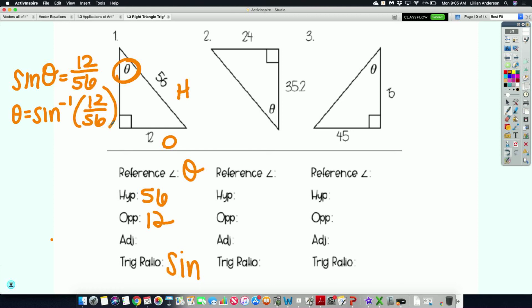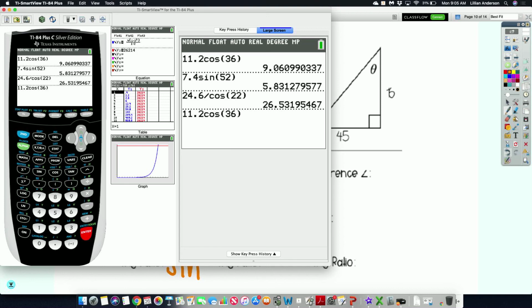So in our calculator we go: I want to do the second button, which is the blue button, and then sine, because it was the sine inverse, correct? And then I just type in my fraction. Was it 12 over 56? Thank you.